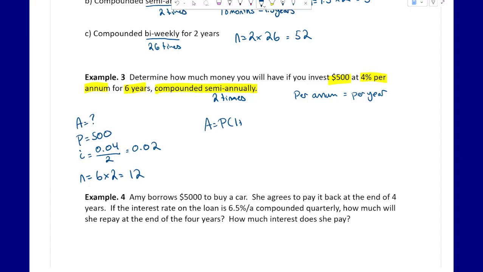So we do have to do these two small calculations first before we can actually use our A equals P times 1 plus I to the power of N formula. Once we have done those two calculations for I and N, we can go through and calculate. So 500 times 1 plus 0.02 to the power of 12. And we can go through and calculate this all at once.